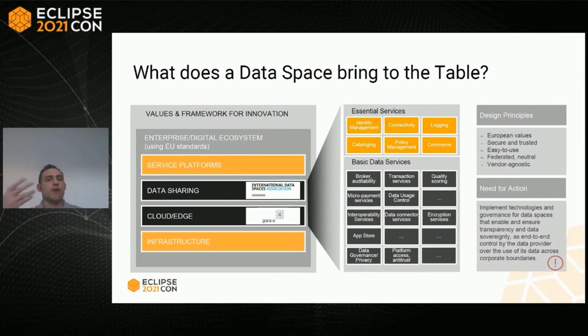Basically, you can divide it into essential services and basic services. What is really important to mention here are the essential services. One, as we heard in the different scenarios, is identity management. A very basic, essential service for a data space as well. You need to know to whom you're talking and with whom you're exchanging your data. Connectivity, of course, because there has to be interoperability.